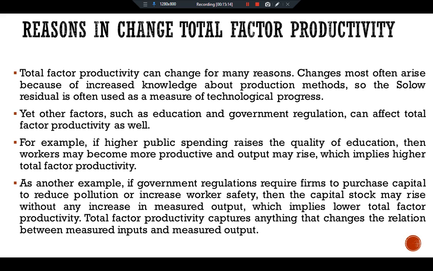Another example: if government regulation requires firms to purchase capital to reduce pollution or increase worker safety, then the capital stock may rise without any increase in measured output, which implies lower total factor productivity. Total factor productivity captures anything that changes the relation between measured inputs and measured output.